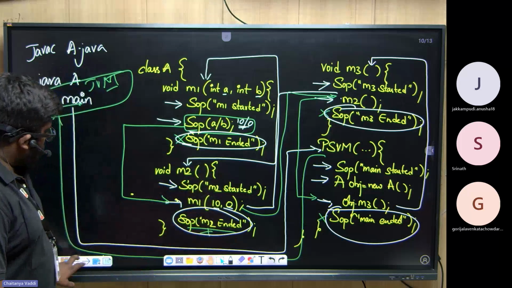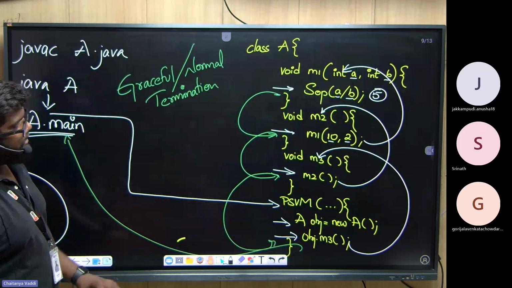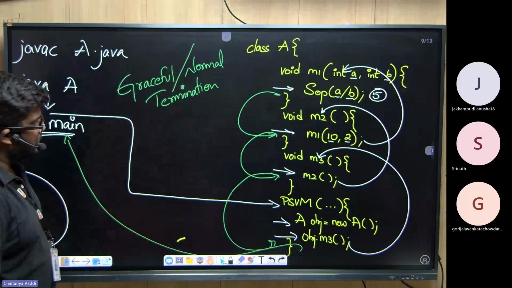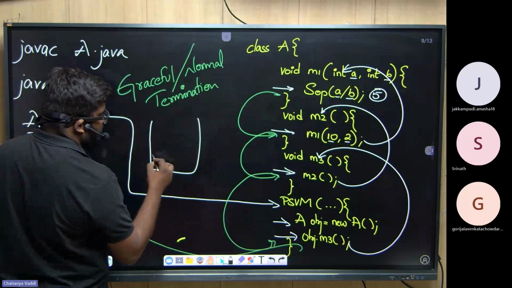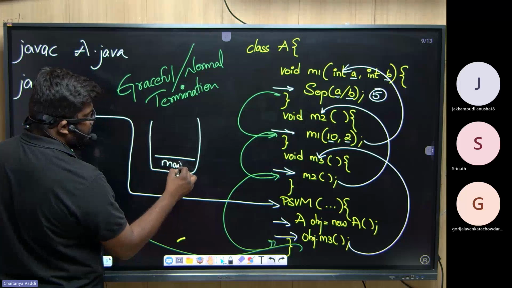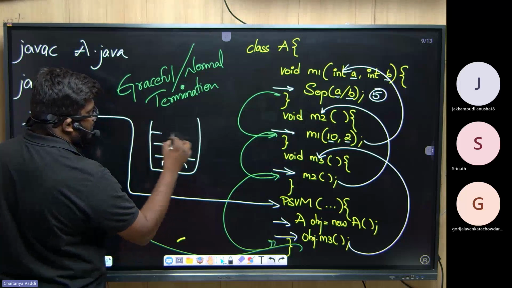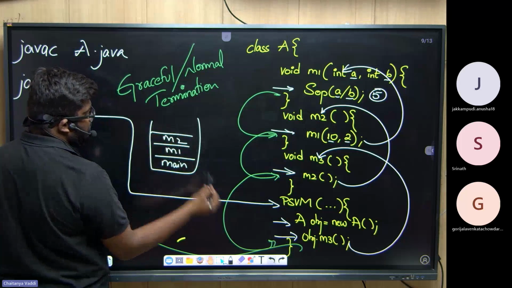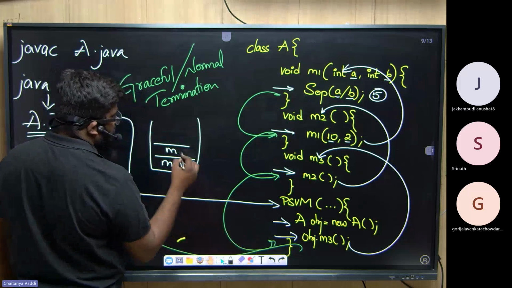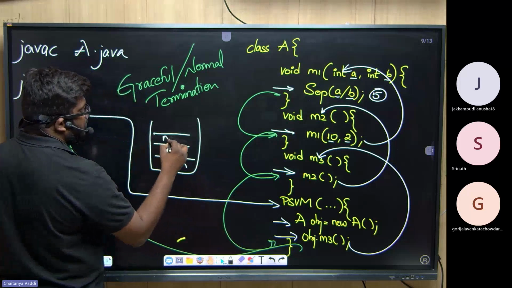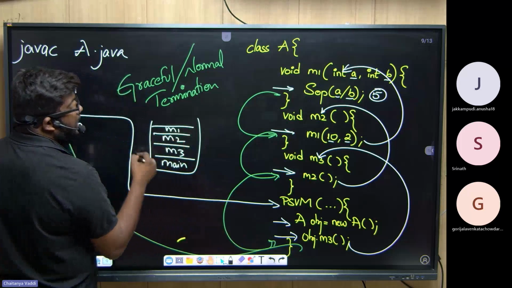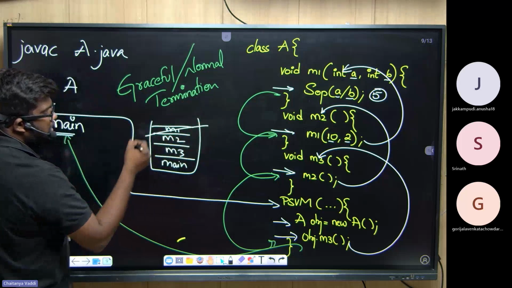Okay, so what has happened here is there will be a method stack for this. The method stack will initially first load the main method, and then M1 method, and then M2 method. Sorry, I'm writing this in reverse order. It will store M3 method, M2 method, M1 method, and after completion of M1 method, this is removed here.